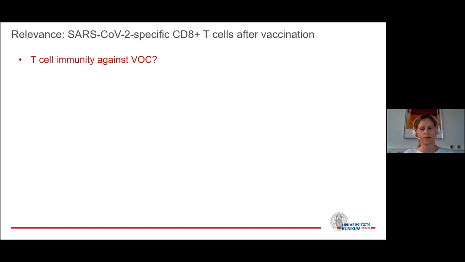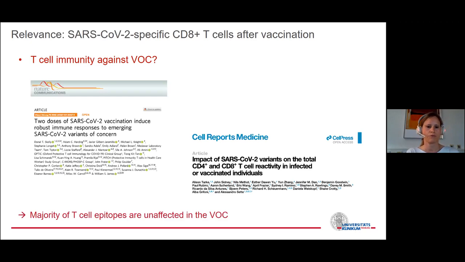As I've introduced, the responses that we have looked at target epitopes that are conserved between the variants of concern, and other groups also realized that the majority of the CD8 T cell epitopes are unaffected in the variants of concern, meaning that an induced CD8 T cell response is also relevant in protecting against or controlling the variants of concern.